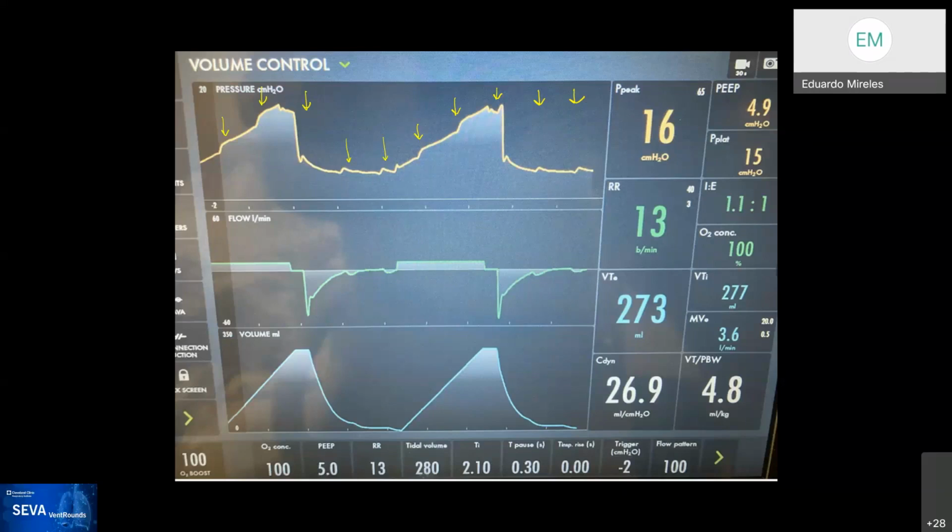That would change your waveform, and it looks as if there was a change of compliance. So in a situation like this, your stress index is gone. It's an irregular waveform, so you cannot read it based on a stress index just by looking at it. Isn't that beautiful? The heart is playing into it.